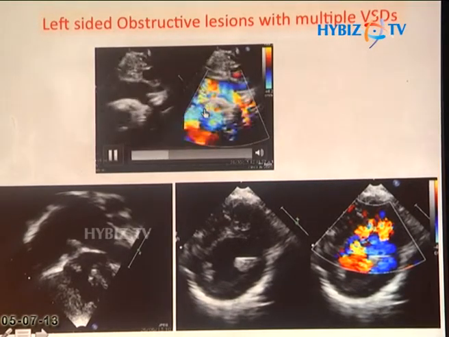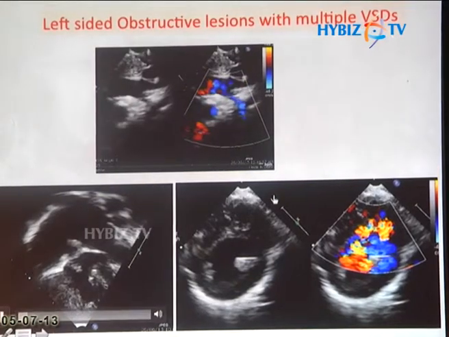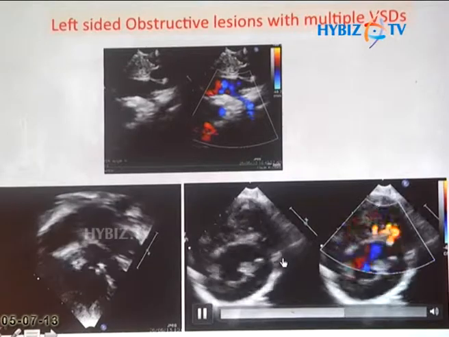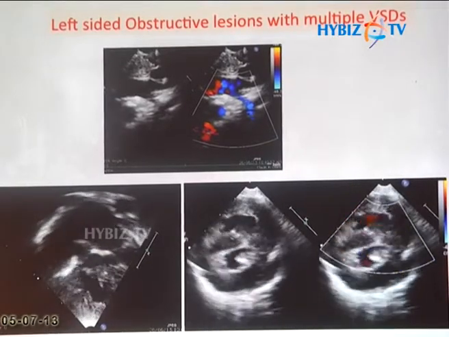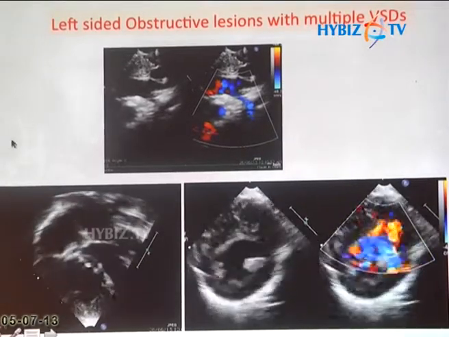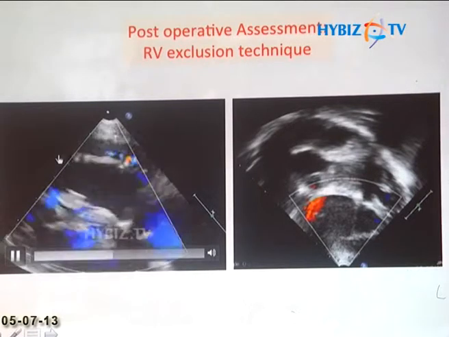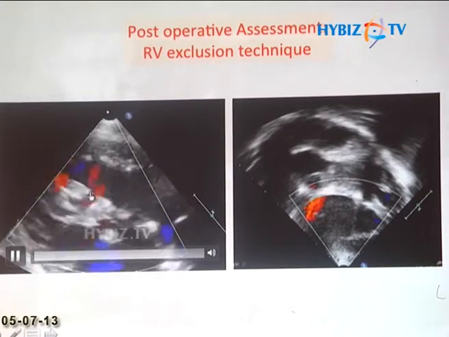Left-sided obstructive disease like coarctation is commonly associated with multiple muscular VSTs, and the strategy is again totally an individual choice, whether you do the total correction or pulmonary artery banding versus relief of the systemic obstruction. So this is one of the postoperative echoes where multiple VSTs were there.